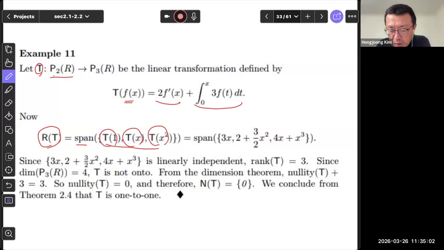For T of 1, 2 times the derivative of this constant function plus 3 integrated from 0 to x. So the first term is 0, and when 3 is integrated from 0 to x, you get 3x.